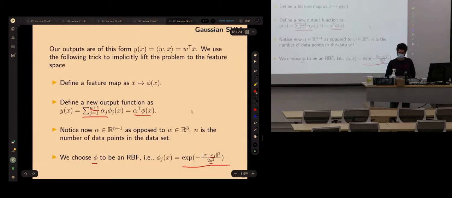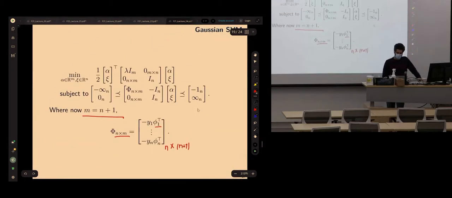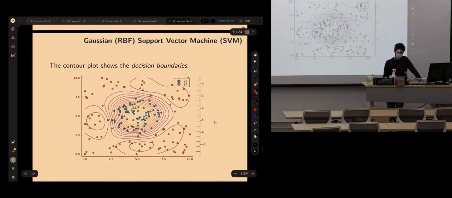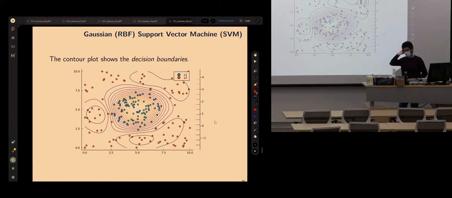Only mapped each x to a feature map, and then changed the style of your function to be this new y. Although it's a different size, go and compare it to see the difference. It's still a quadratic program, so we can solve it. We'll see soon in the notebook. When you solve this problem, here inputs are 2D.